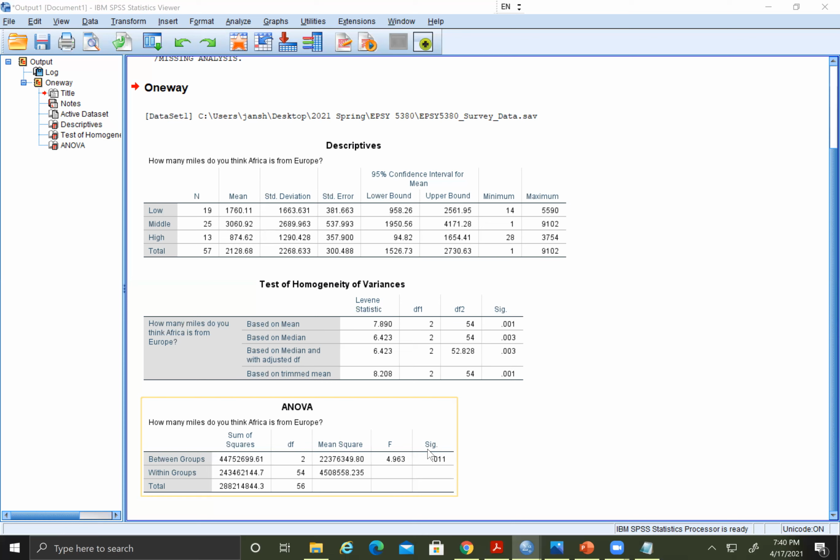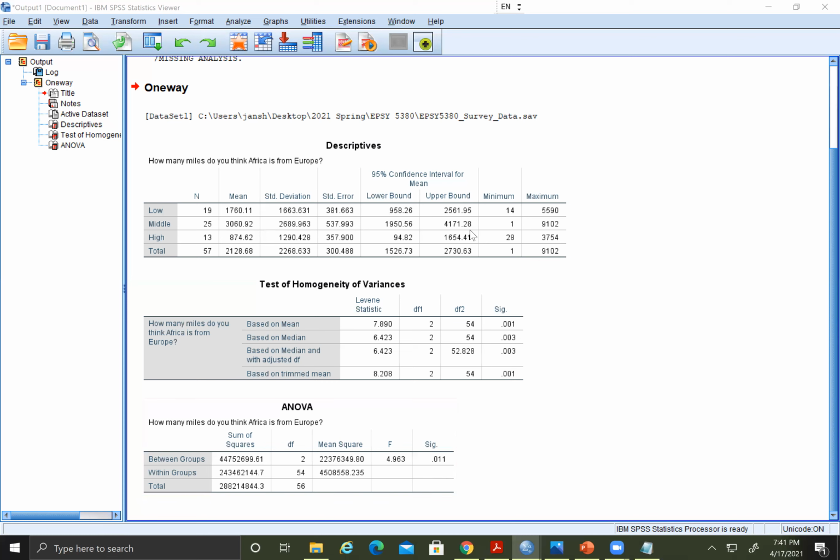Or, like these computer programs, they report the significance, the probability associated with the F value here. So by this probability, we can make a decision about our null hypothesis.